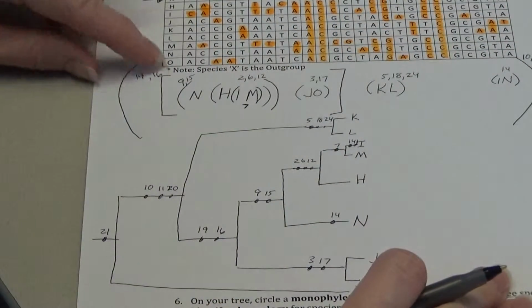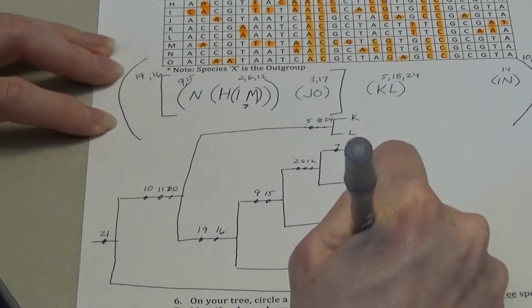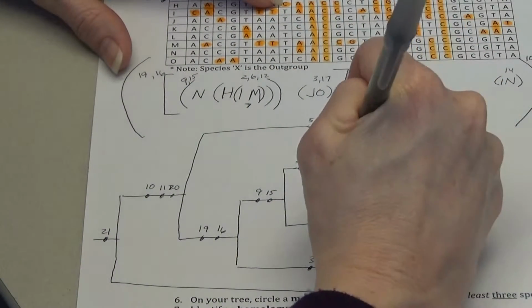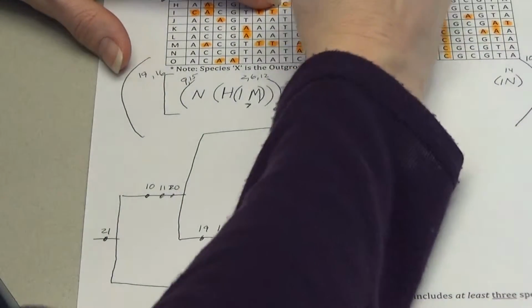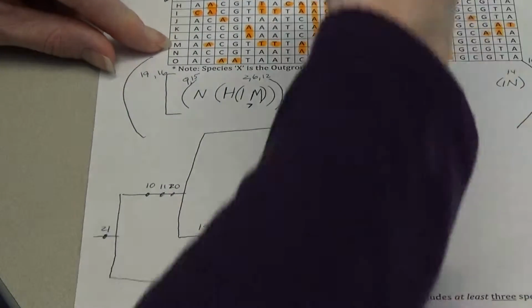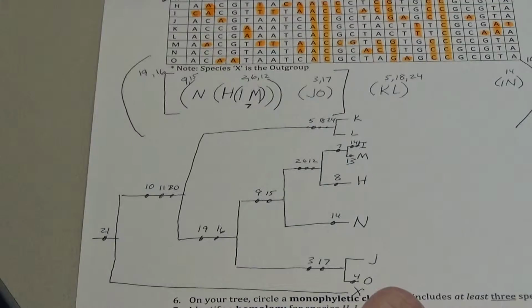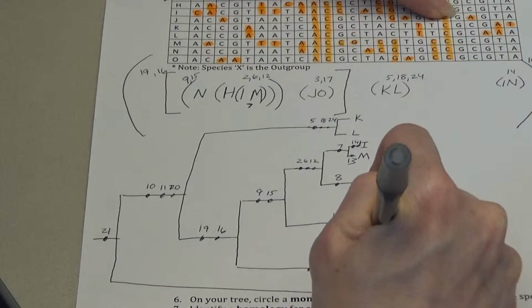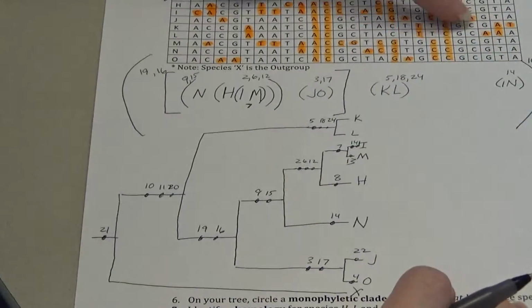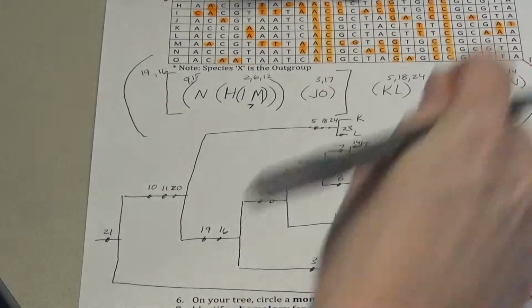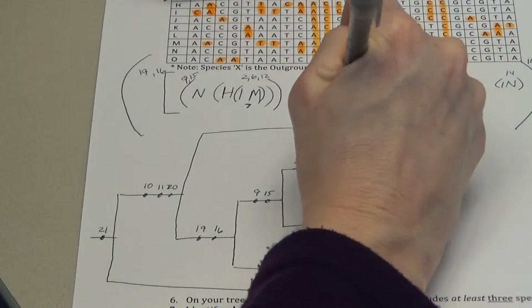Trait 4 is only in O. So we'll put trait 4 only in O. Trait 8 is only in H. Trait 13 is only in M. Trait 22 is only in J. Trait 23 is only in L. Trait 25 is only in K.